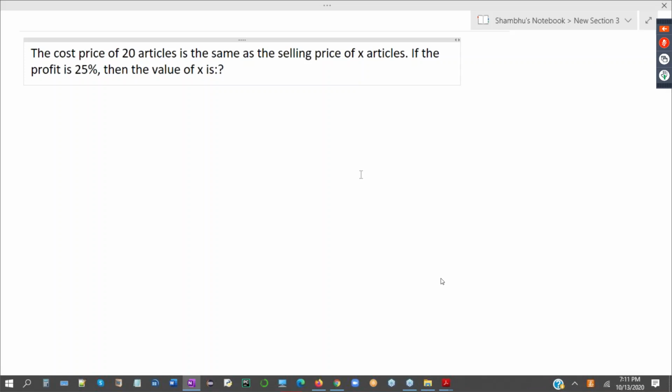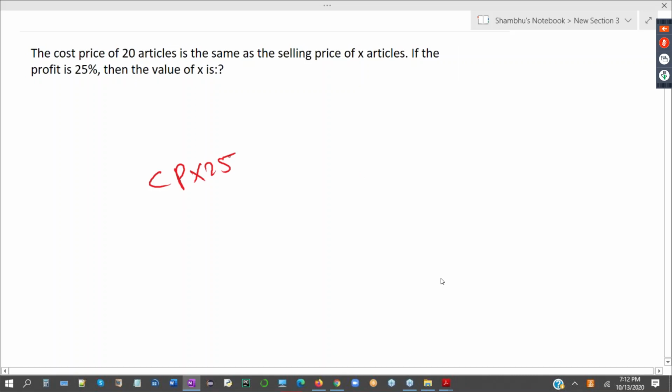Sanjay, yes, we can solve in that manner also. Yes, you can solve by the ratio method also. In the previous question, one method I told you, you can do it like that also.